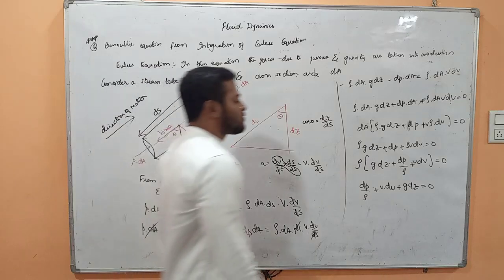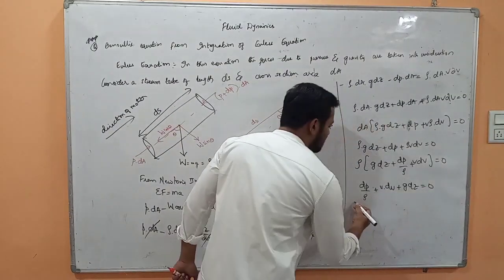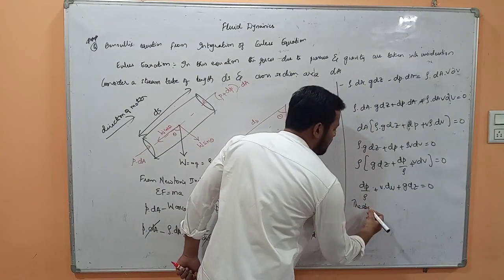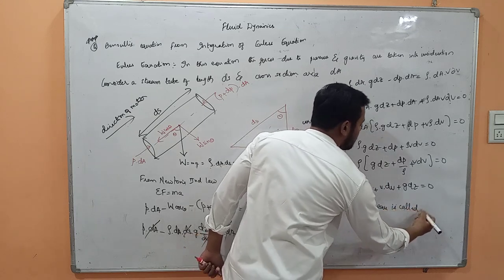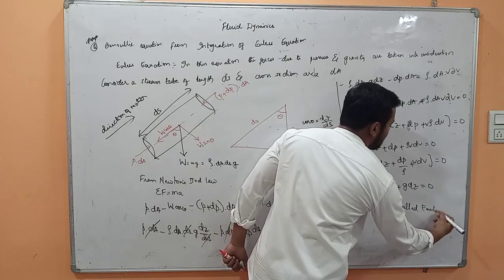This equation is called Euler's equation.